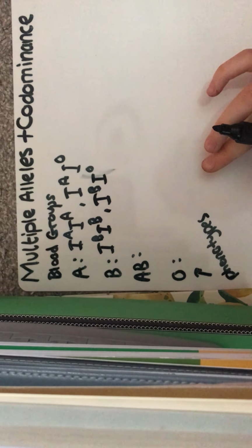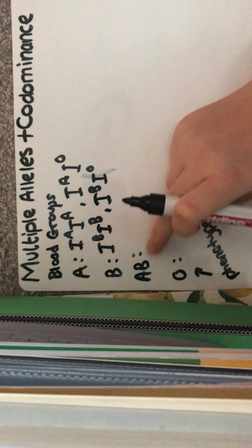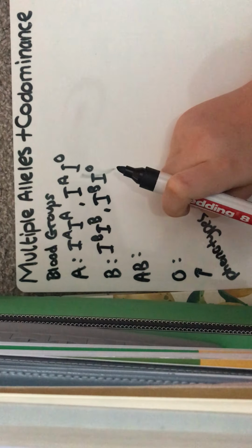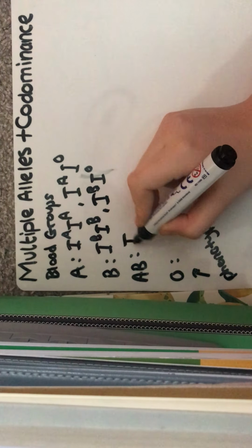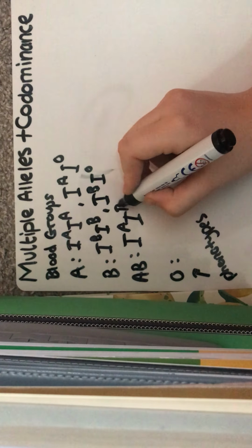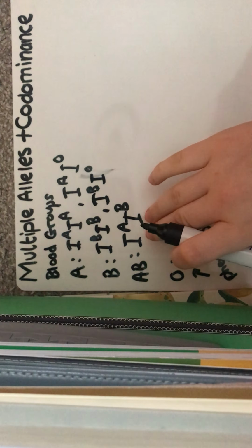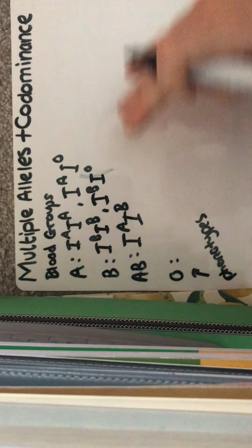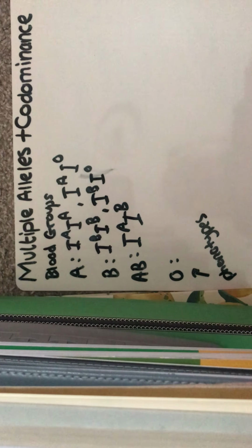But I've included this in 2 videos, as you can see here, blood group AB. And that is represented by the genotype IA IB, because these 2 are co-dominant. They're both expressed in the phenotype in the blood group AB. So it's not that one's dominant over the other, they're both expressed.